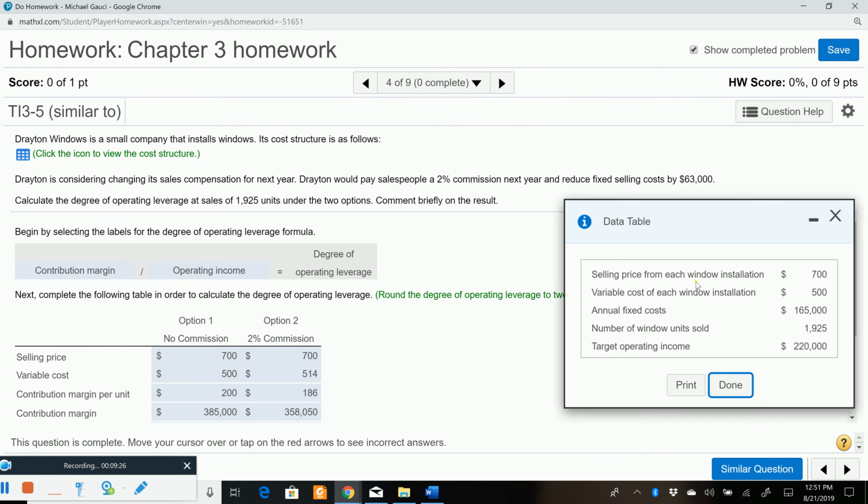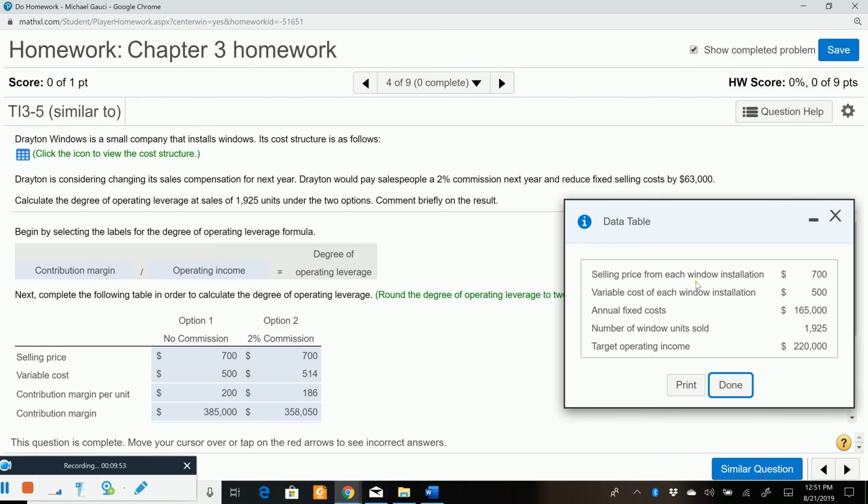We have a company. They are considering changing its sales compensation for the year. Drayton would pay salespeople a 2% commission next year and reduce fixed selling costs by $63,000. So basically what the company is trying to do is change the way we pay our salespeople.